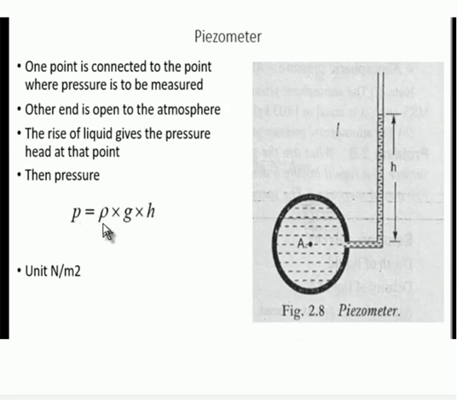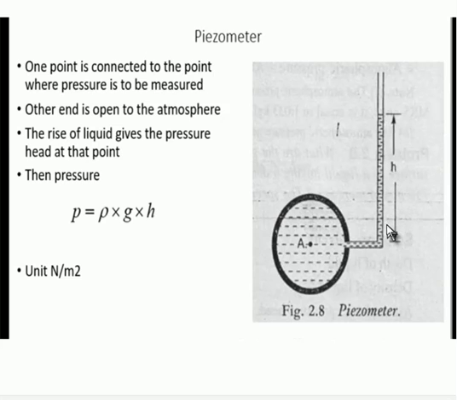Okay, then the pressure is measured as P is equal to rho g h. Rho is the density of this fluid, and g is the acceleration due to gravity, that is 9.81, and h is the height of the rise of fluid in the column.